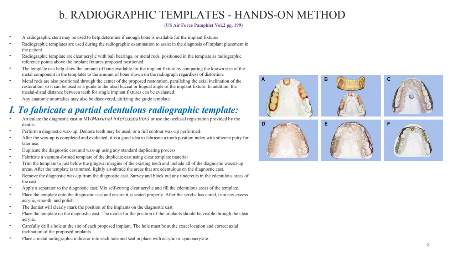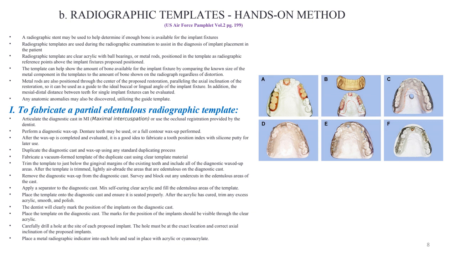So the patient is sent to take a CAT scan using the radiographic stent, and that's going to record a picture or a scan of the patient wearing that clear acrylic denture, and where the markers are placed, that will indicate where the bone is stronger for placing the implant. The template can help to show the amount of bone available for the implant fixture by comparing the known size of the metal component in the template to the amount of bone shown in the radiographic stent.